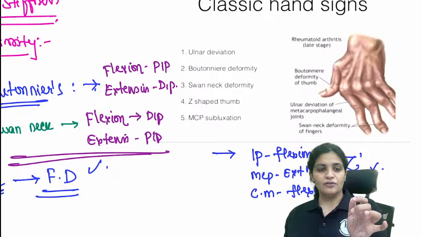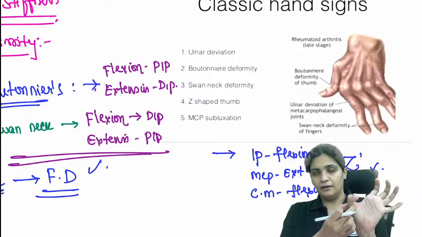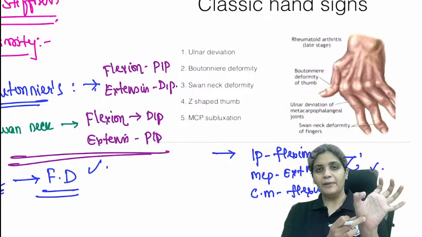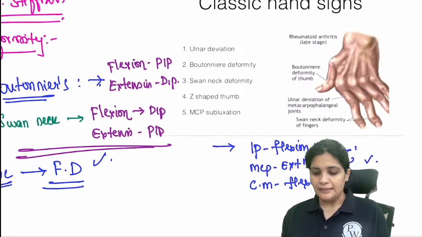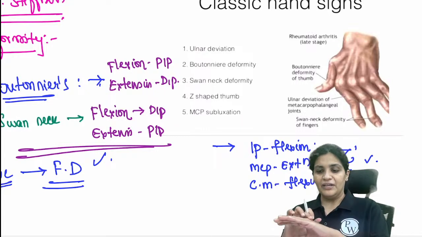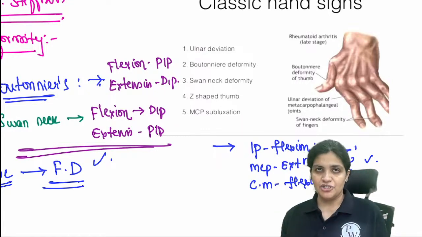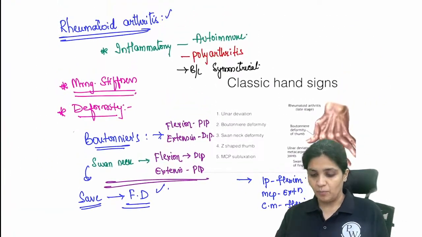So there is a flexion of the IP, extension of your metacarpophalangeal, that is your MCP, and then your carpometacarpal will again go into flexion. So that is the Z-shaped thumb. And then your MCP dislocation. So all the metacarpophalangeal joints can go into subluxation.